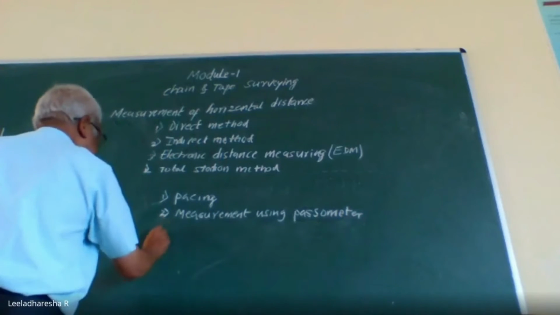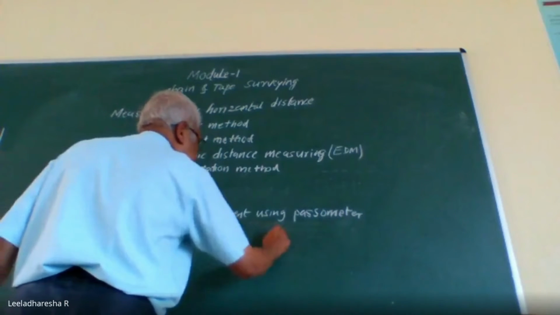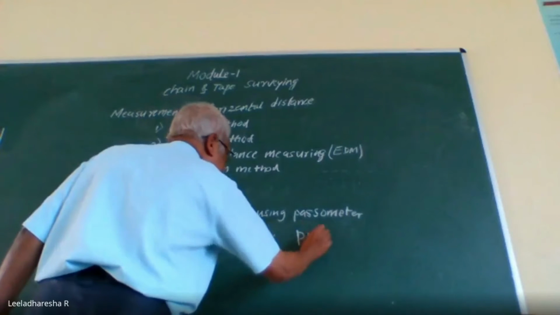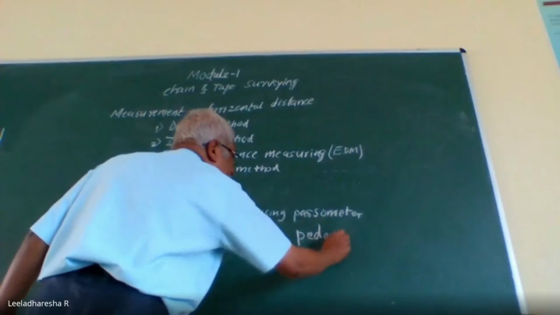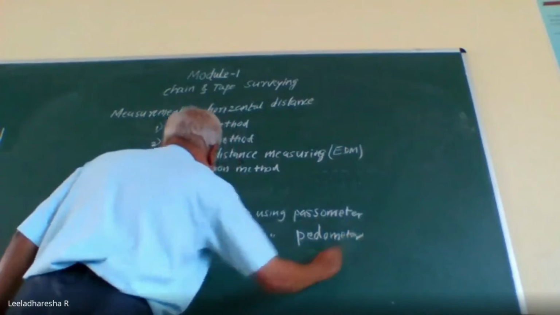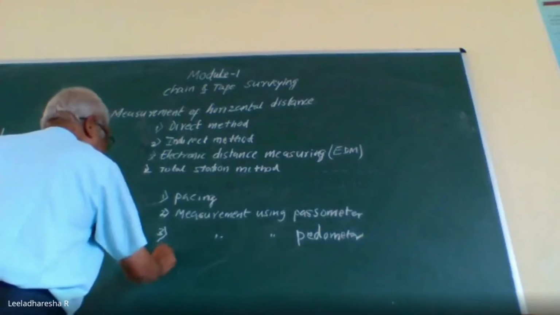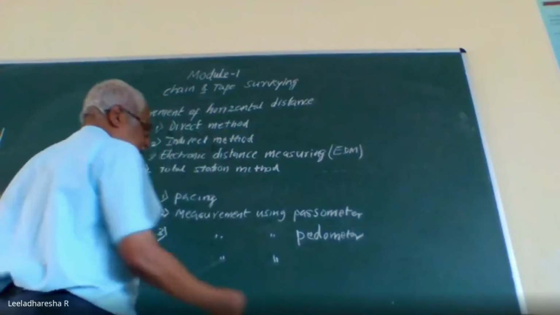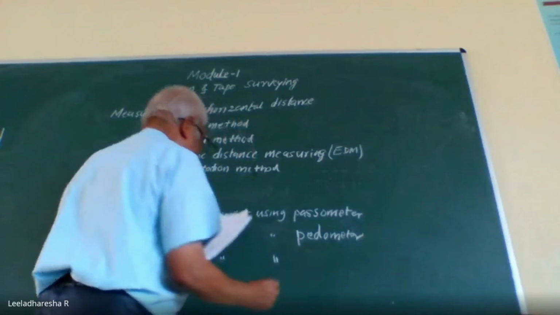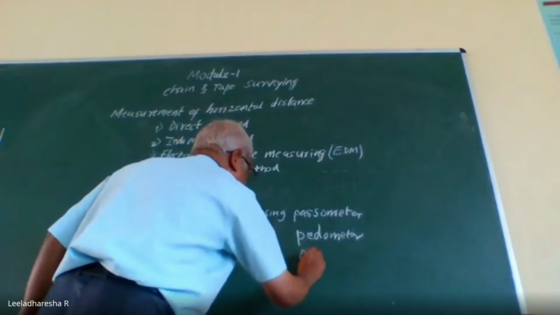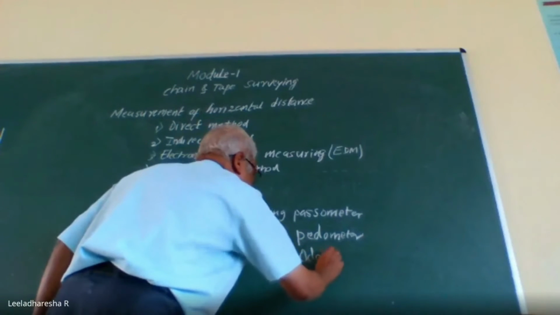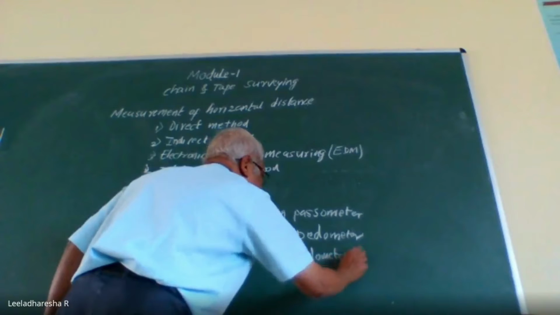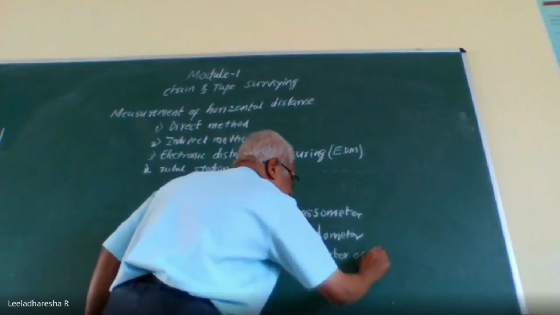Then third, measurement using pedometer. Then fourth is called measurement of horizontal distance using odometer or speedometer.